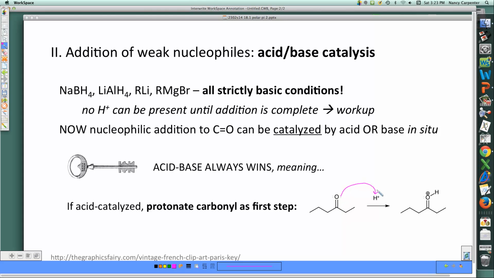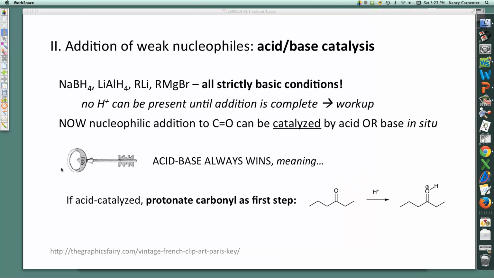So you'll always draw that first step to get that cationic intermediate, your protonated carbonyl. Hey, this looks a lot like solubility testing, as I recall. So that is the first step of the mechanism under acid conditions.